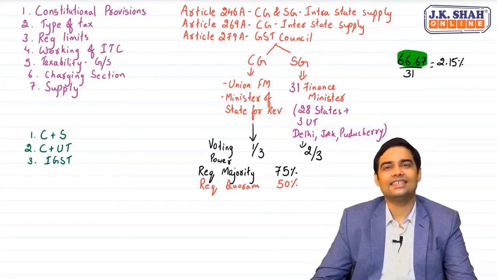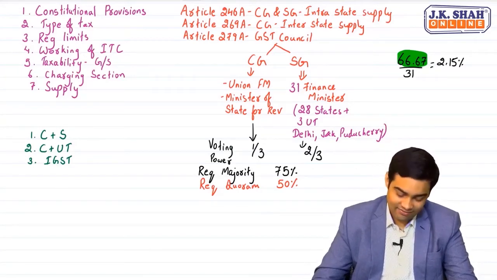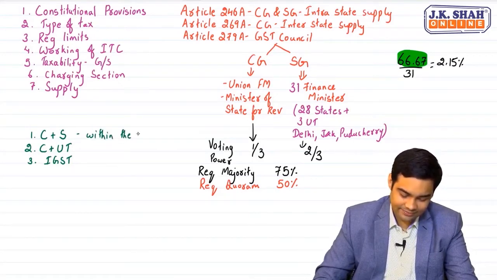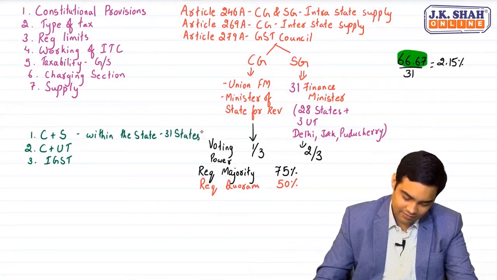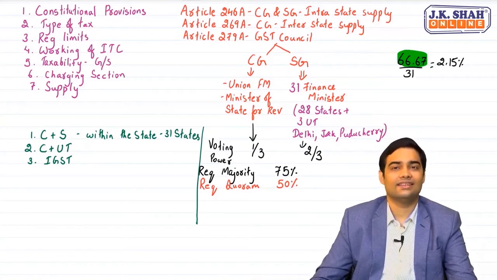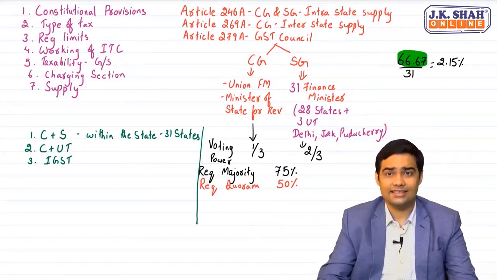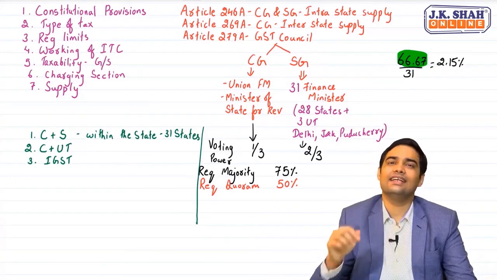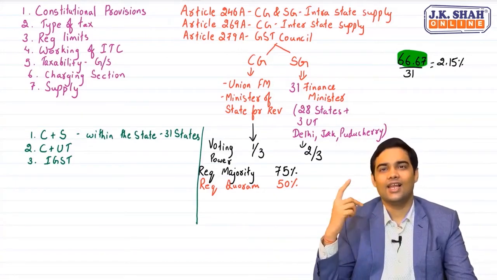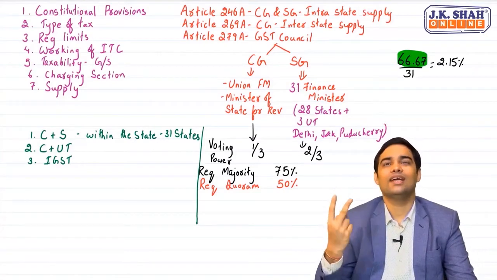When is CGST plus SGST charged? When there is an intra-state supply, that is a transaction within the state, and within those 31 states. How did we get 31? We just discussed that for the purpose of GST, there would be 31 states. So if the transaction is within a state, then we will charge CGST plus SGST. Two things: location of supplier and place of supply.